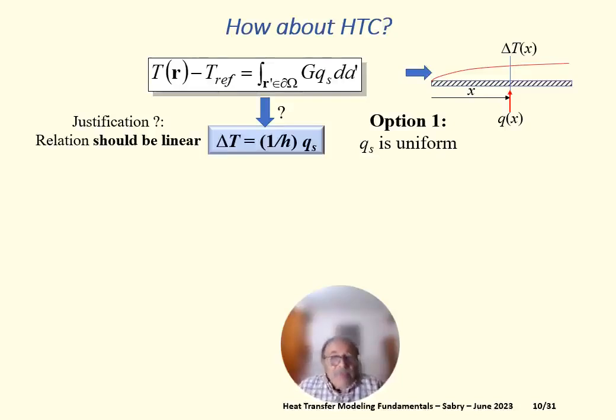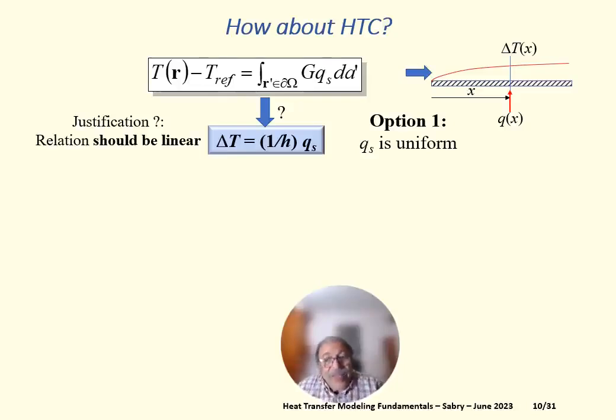By the way, I can present things in a different way and still obtain an operator between delta T and Q. And if delta T was uniform, then we come back to delta T equal to 1 over H times Q. So the H model works well if I have uniform heat flux or uniform temperature.